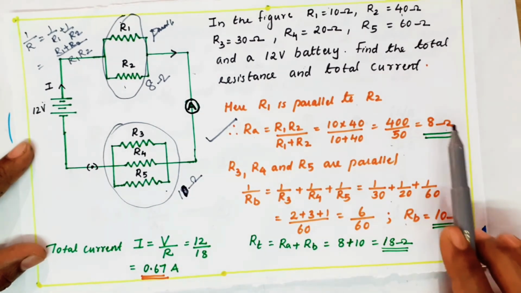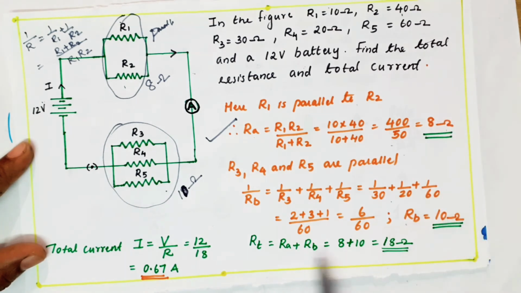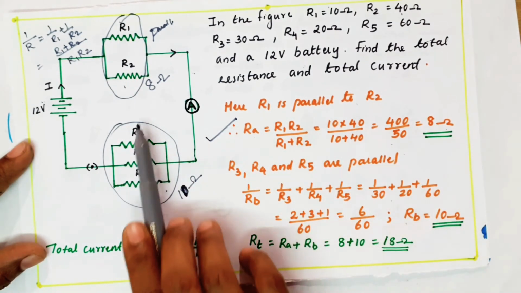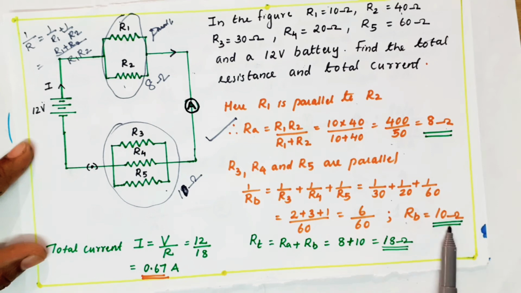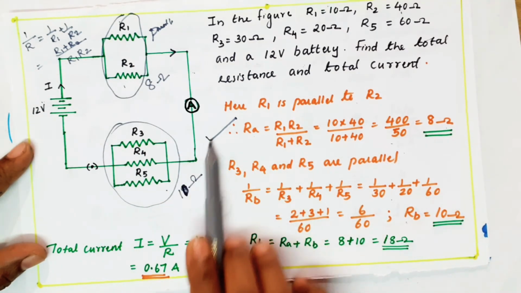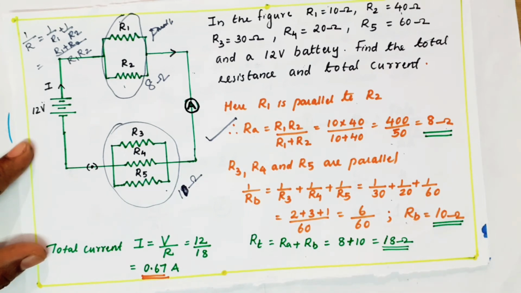Total resistance is the sum of these two resistors, that is 8 plus 10, which is 18. Understood? When these two are connected in parallel, I got 8 ohm. These three are connected in parallel, I got 10 ohm here. And now this 8 ohm and 10 ohm are connected in which connection? Series connection. So the total resistance RT is RA plus RB, 8 plus 10, 18 ohm.